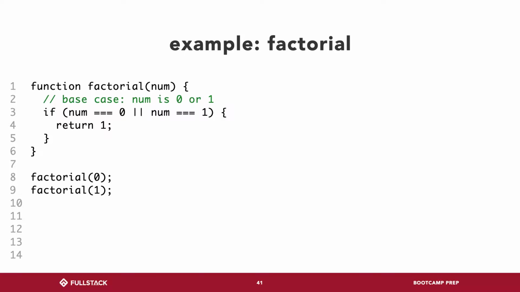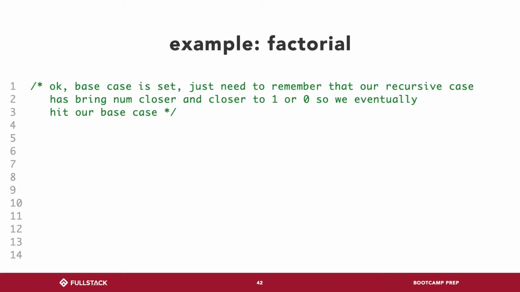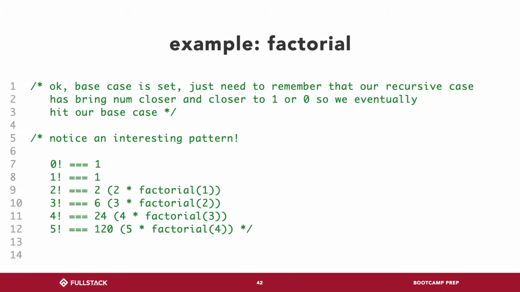So factorial of 0 and factorial of 1, we get 1. Boom, we're done. No, we're not. We have to solve it if it's 2 now, okay? So the base case is set, and we just need to remember that our recursive case has to bring the number closer and closer to 1 or 0 so we can eventually hit our base case.